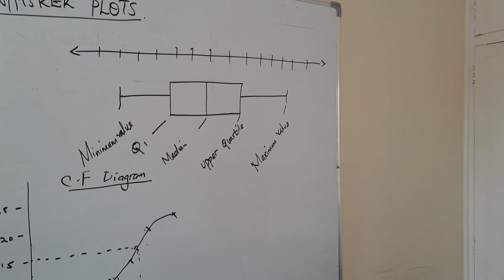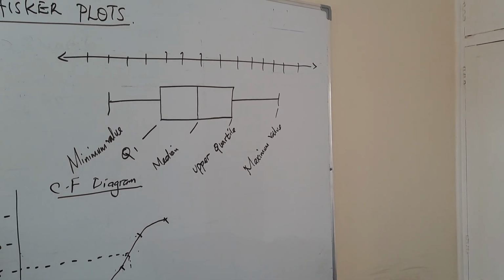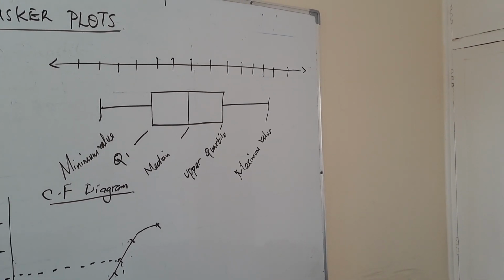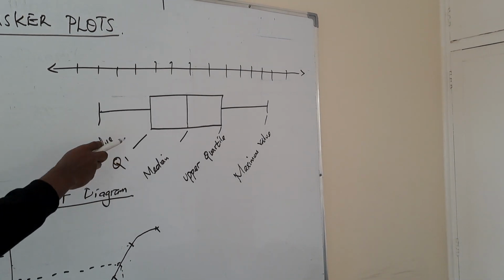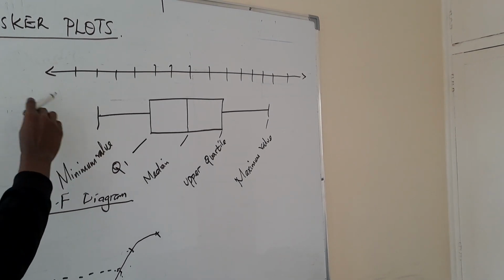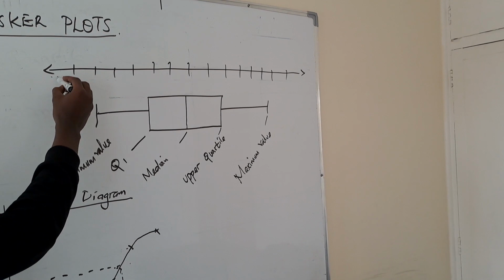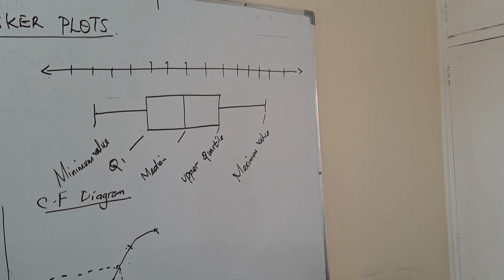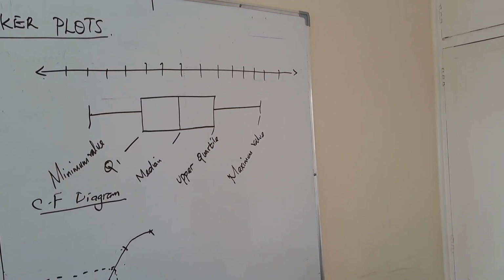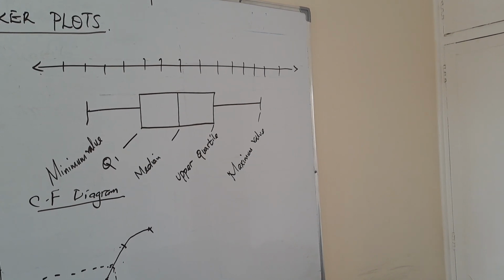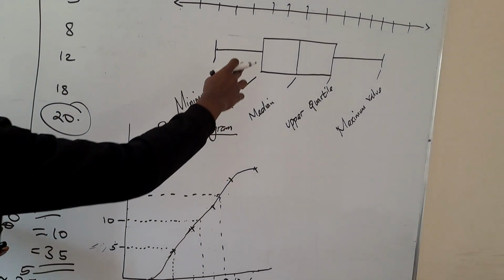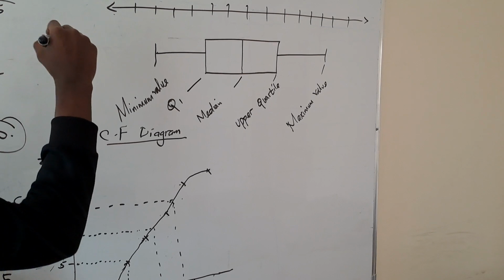Now with this data, you will represent your data in the box and whisker plot. This is your box and whisker plot on the number line. Let's consider this number line. And then we have our lower quartile as 20, the upper quartile as 45, and the median as 35.